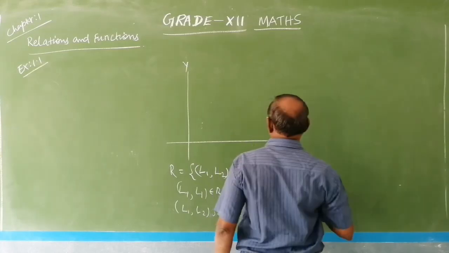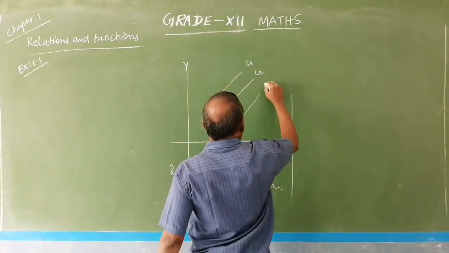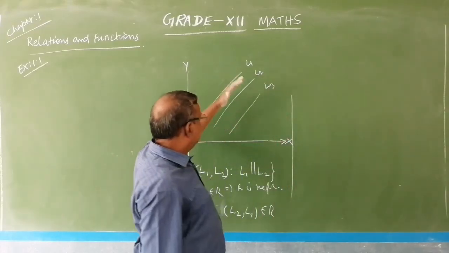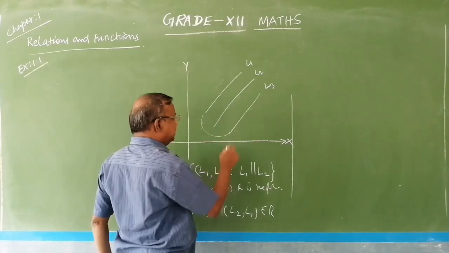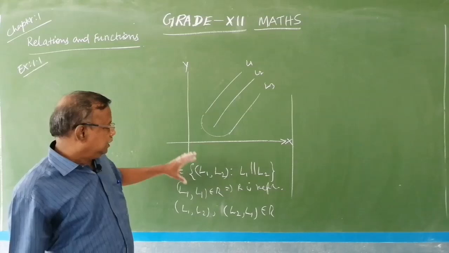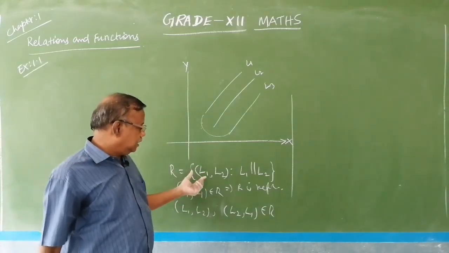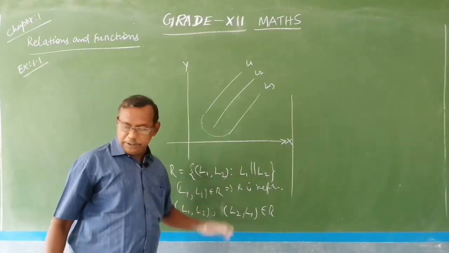Consider three lines L1, L2, L3. If L1 is parallel to L2 and L2 is parallel to L3, then clearly L1 is parallel to L3. So, R is transitive. Therefore, the relation R is an equivalence relation with respect to lines which are parallel to each other.